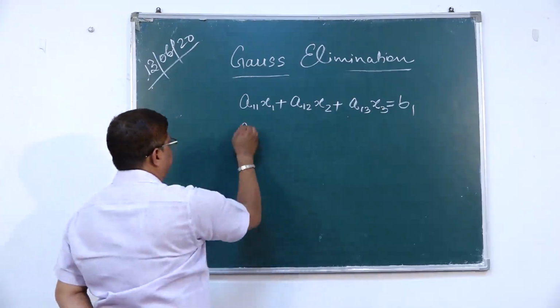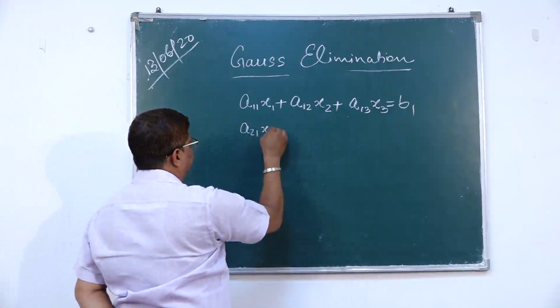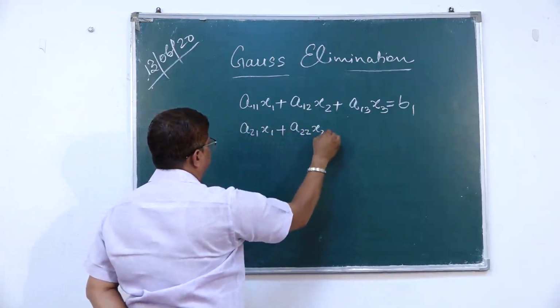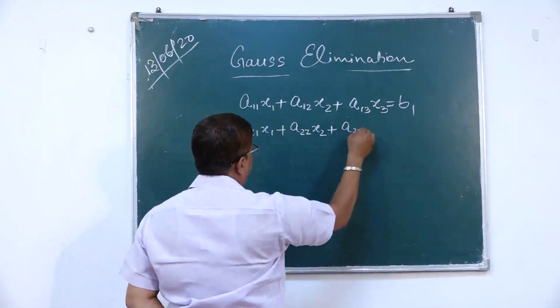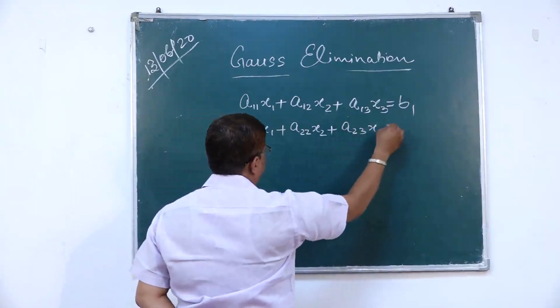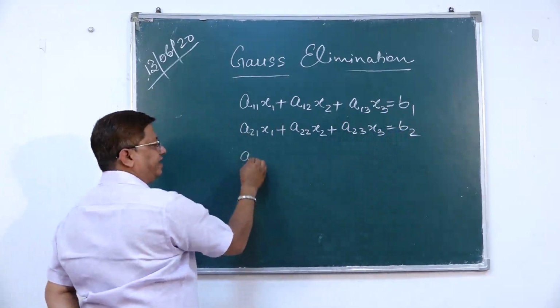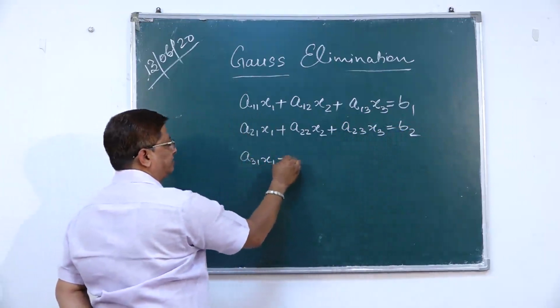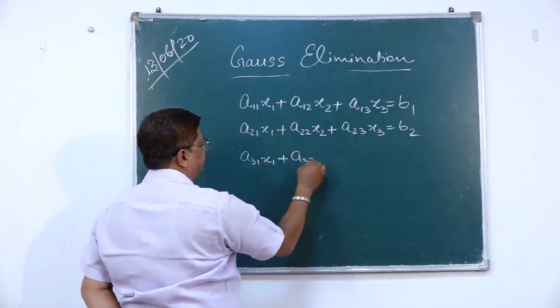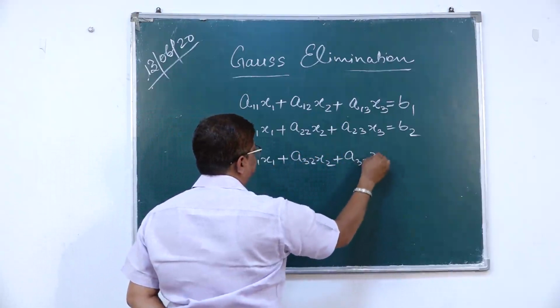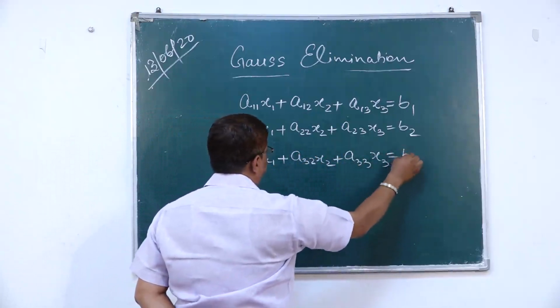Next equation: a21 x1 plus a22 x2 plus a23 x3 is equal to b2. Now come to the third equation: a31 x1 plus a32 x2 plus a33 x3 is equal to b3.